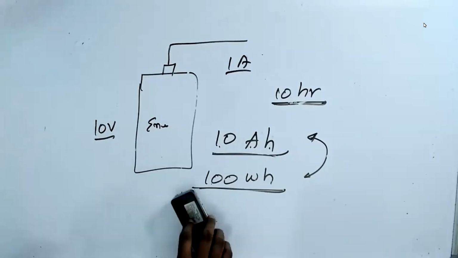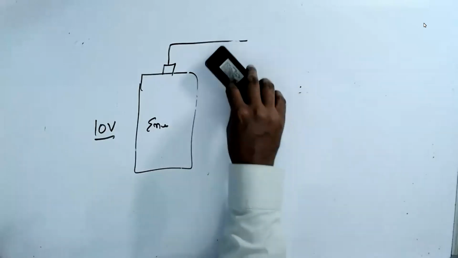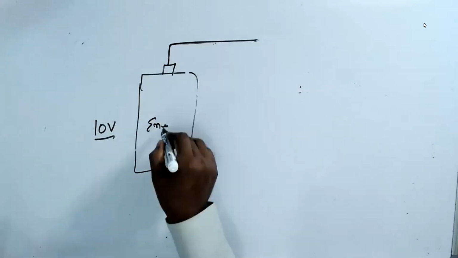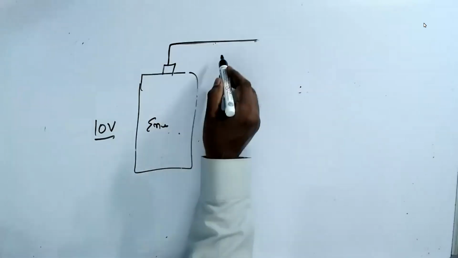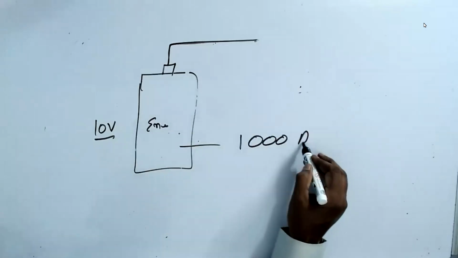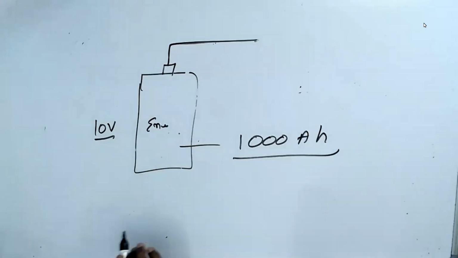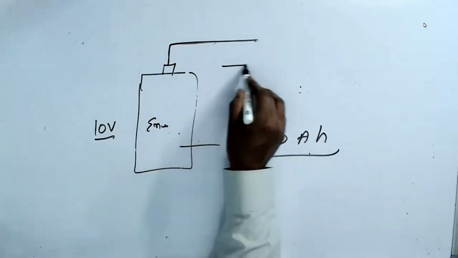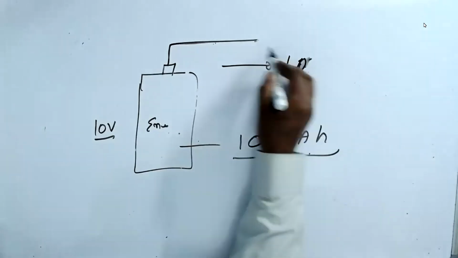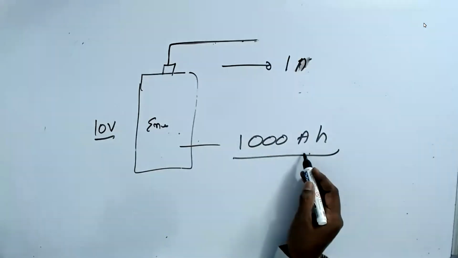That's why the batteries. Now, the trick here is, the manufacturer will tell you that I have, let us say, 1000 ampere hour. That means that if you draw 1 ampere from me, I can give about 1000 hours.